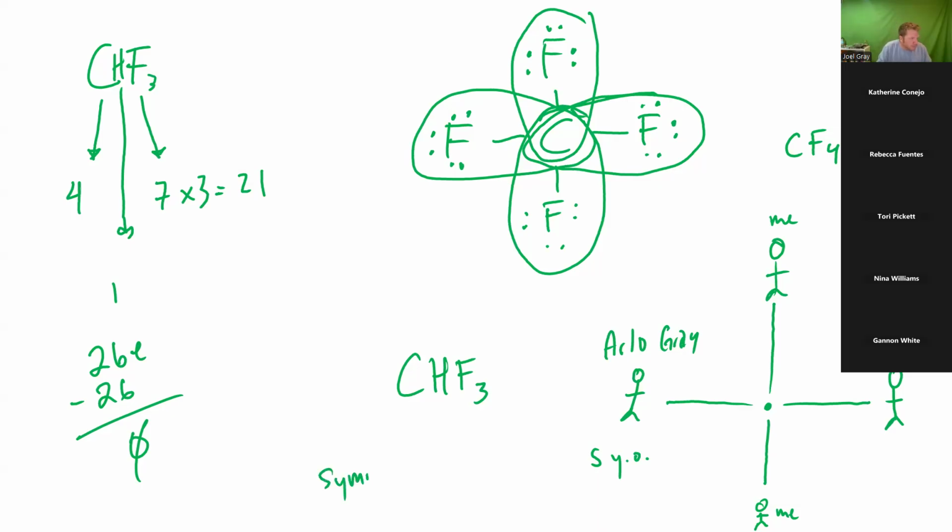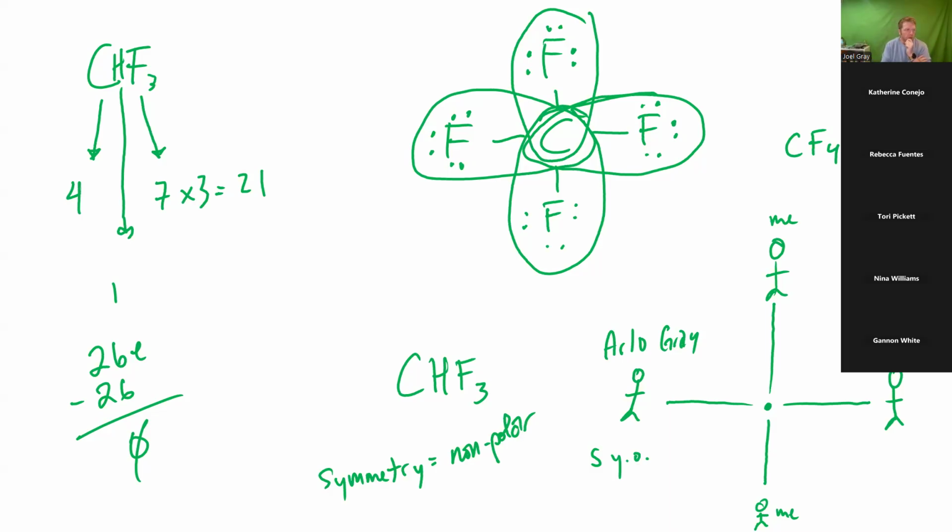Symmetry equals non-polar. And the way that I would suggest translating that is to say non-polar means nobody wins the game of tug of war. Could you give me a 5 in the chat if you follow that?